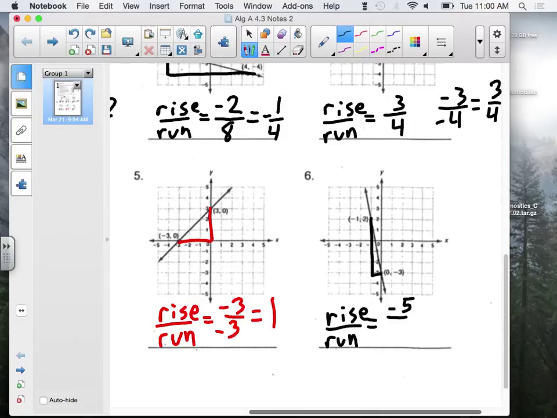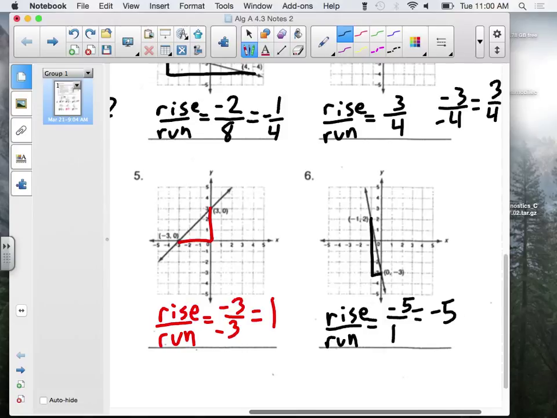Because we're going down, we're moving 5 units, and it's negative because we're going down. And the last one is over right 1. So positive. -5 over 1 simplifies to -5. I had 5 over -1.